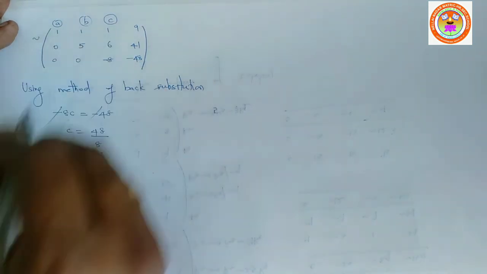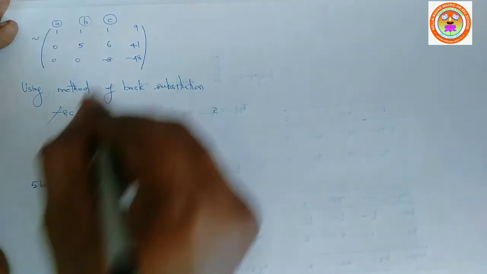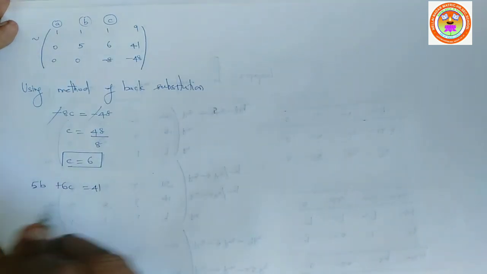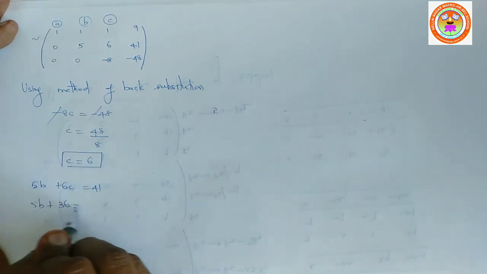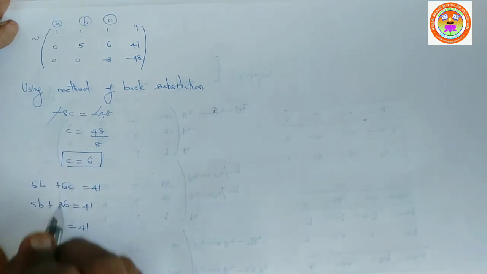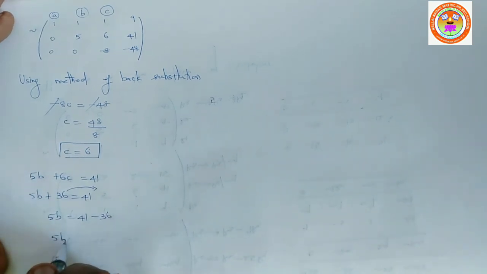Next, this is 5B plus 6C is equal to 41. 5B plus, C is 6, 6 6s are 36, is equal to 41. So 36 goes to the other side, which becomes minus 36, and 5B is equal to 41 minus 36, which gives us 5.